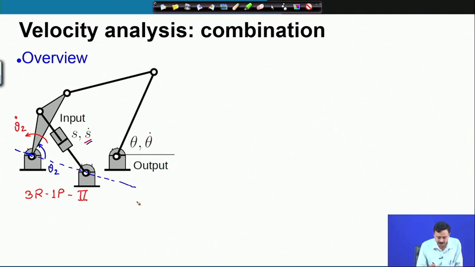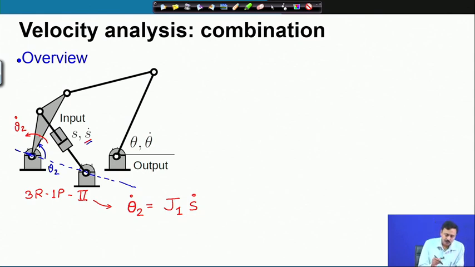So, I have this relation: theta 2 dot is equal to, let me call it J 1 S dot. This we have derived, this is for the 3R 1P chain.